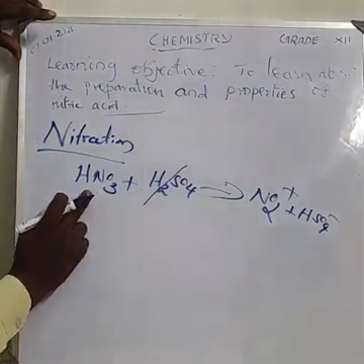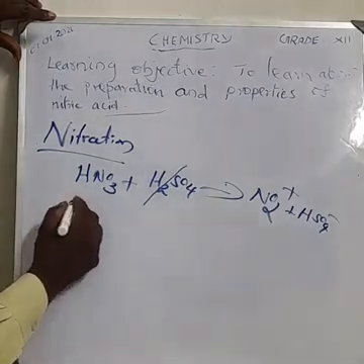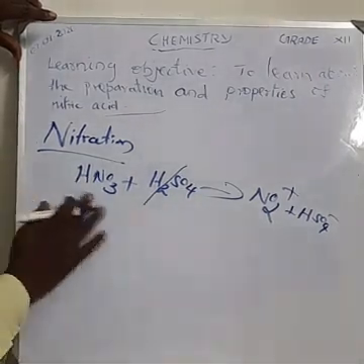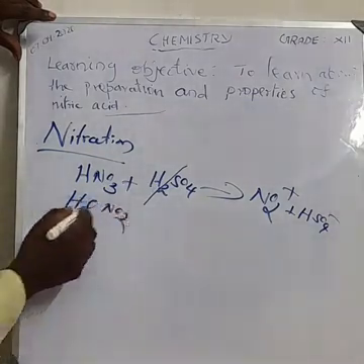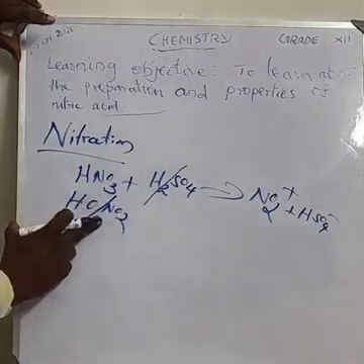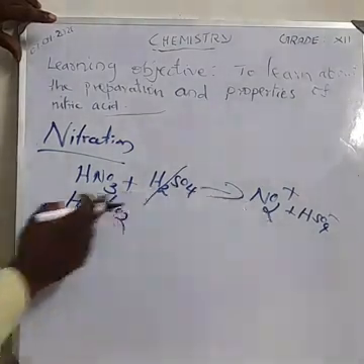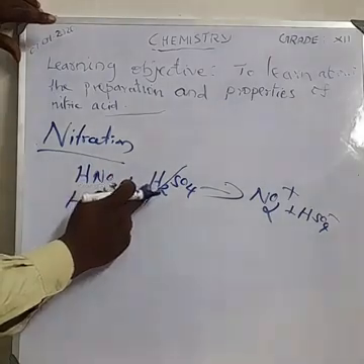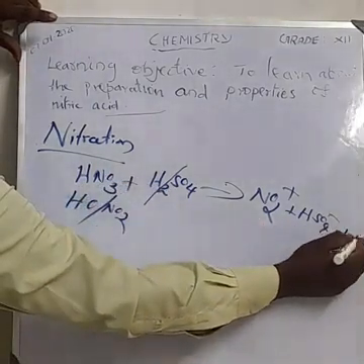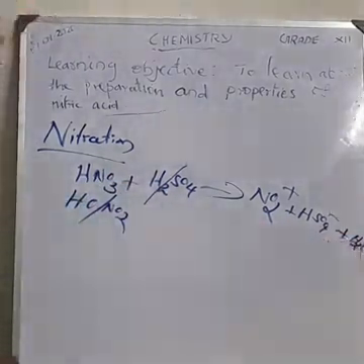I told you about that. Nitric acid, HONO2, is converted to NO2. Here, having one OH, this OH combines with this hydrogen to form what? Water. Can you write?